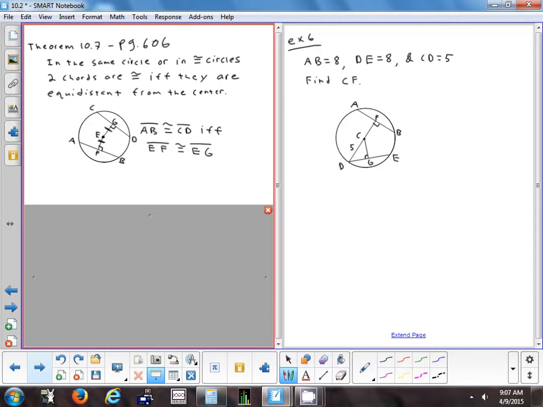All right, in this diagram, AB is 8, DE is 8. AB and DE are both what kind of shape? What term would you use to describe them in that circle? They're chords, and they're congruent. If two chords are congruent, what do you know about them?